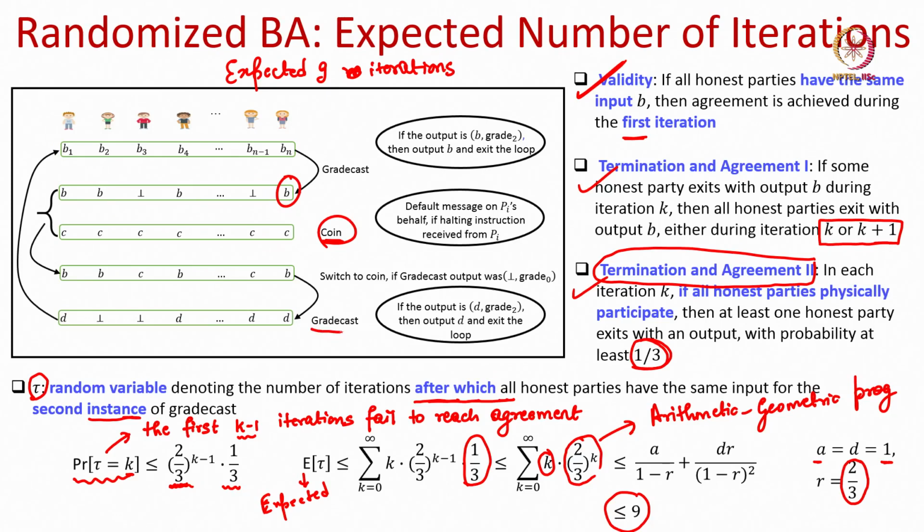In that case, the second invocation of Gradecast will fail to reach agreement among the parties in each iteration, and the parties will keep on running the protocol forever, but the probability of that is almost 0, because we have derived that it requires only an expected 9 iterations. And the probability that even after k iterations the parties do not terminate is (1 minus (1 minus p) over 2) raised to power k, where p is 1 over 3, and this turns out to be 0 as we keep on increasing the value of k.